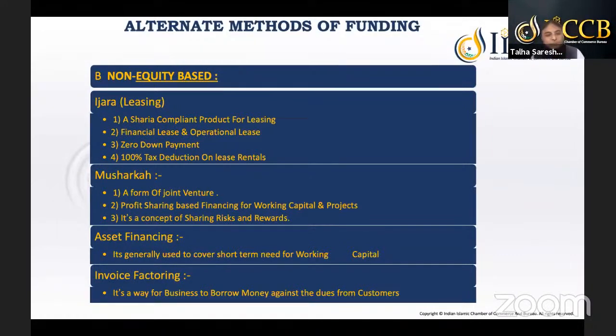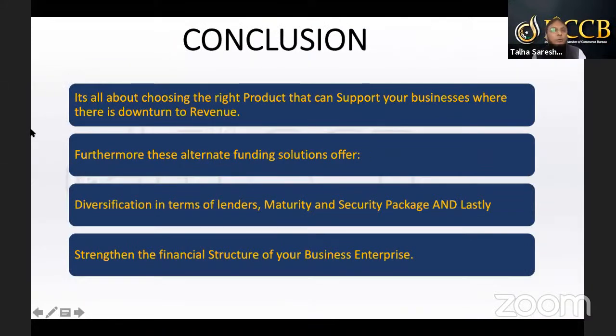Next slide, please. So with this, I think we come to a conclusion about asset and non-asset, equity based and non-equity based. Now it's up to you, the business owners, to choose the right product that can support your business in case there is a downturn in revenue.